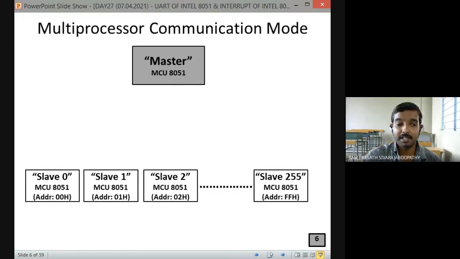Single master, multiple slave configuration we are having. The next thing is slave to slave communication is not possible without master. நல்லா ஞாபகம் வச்சுக்கணும், ஒரு ஸ்லேவ் இன்னொரு ஸ்லேவ் கூட கம்யூனிகேட் பண்ண முடியாது. With the help of master microcontroller only it can communicate slave to slave. Directa ஒரு slave இன்னொரு slave கூட communicate பண்ண முடியாது. That is the second point.